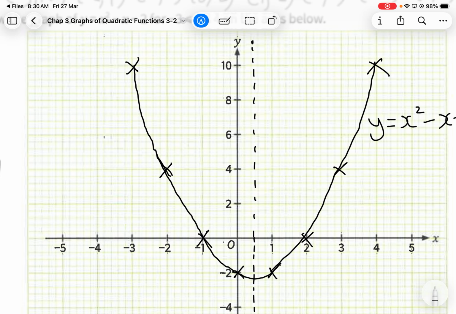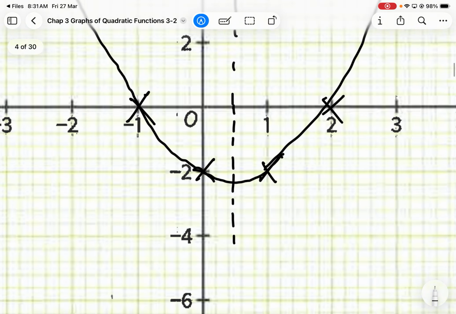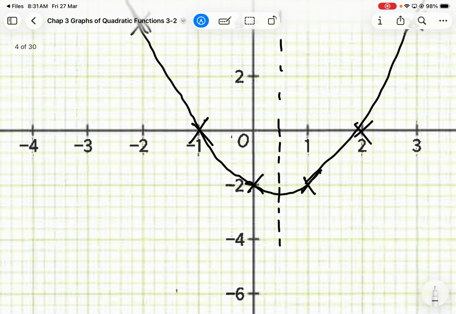Okay? So just now, how did I find this middle point? How did I get this value? See, here is 0, here is 1, here and here are mirrored. So they are the same height.